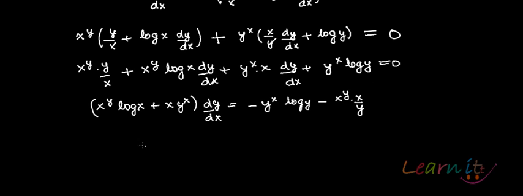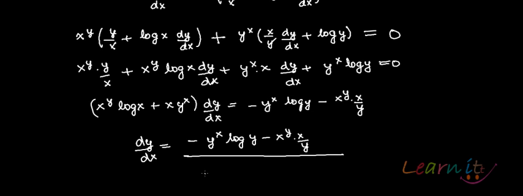So you can write dy by dx as minus y to the power x log of y minus x to the power y x by y, divided by x to the power y log of x plus x into y to the power x.